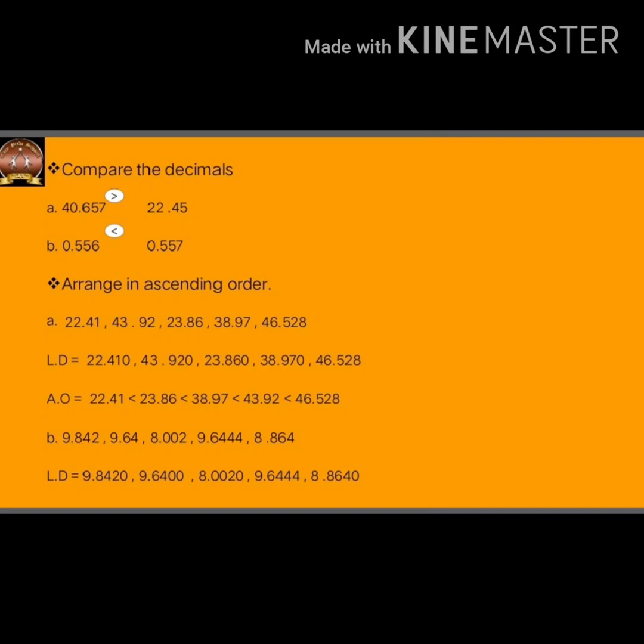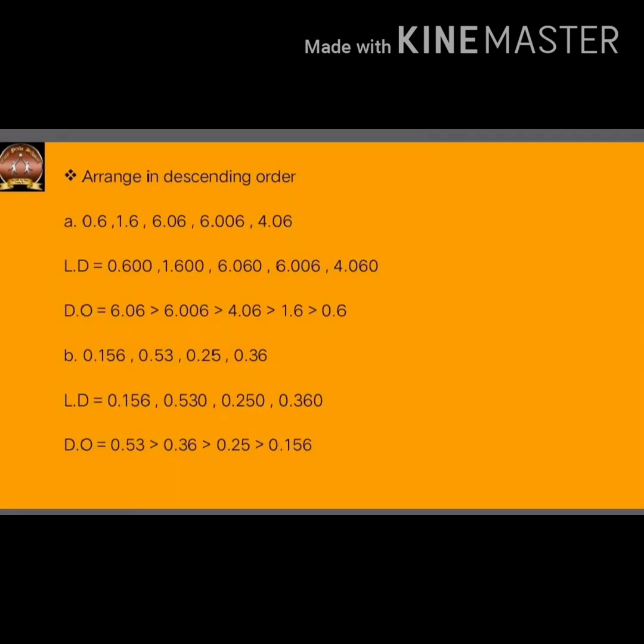Now I will arrange it in ascending order, comparing the whole numbers first. So the smallest one is 22.41, then 23.86, then 38.97, then 43.92, and at the last I'll have 46.528.